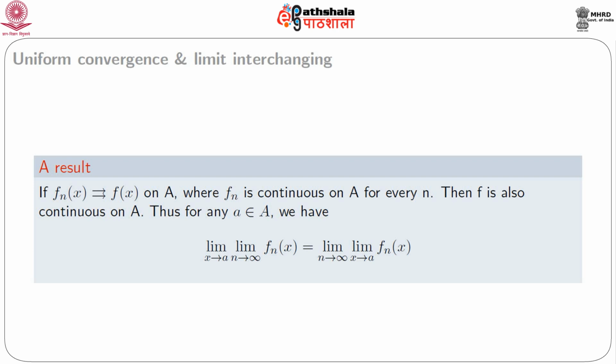If fn(x) converges to f(x) uniformly on A, where fn is continuous on A for every n, then f is also continuous on A. Thus, for any small a belonging to capital A, limit x tends to a, limit n tends to infinity, fn(x) is the same as limit n tends to infinity of limit x tends to a of fn(x). That is, the limit operations on x and n are interchangeable as a consequence of uniform convergence.